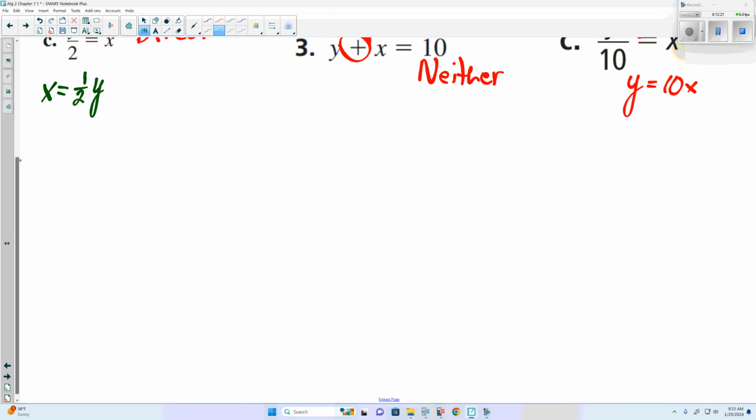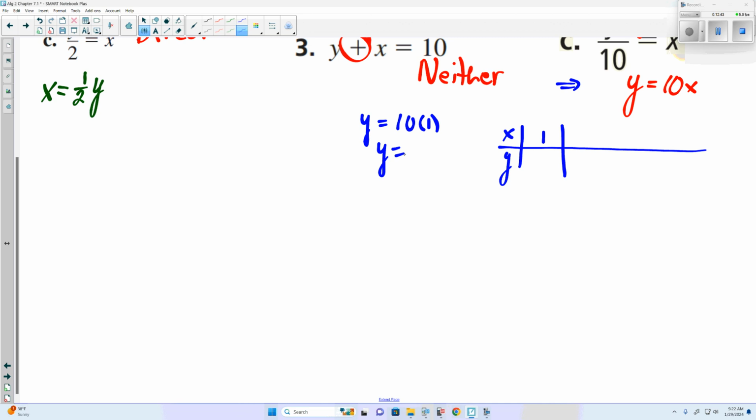I don't like the 1/2. I'm going to use this one over here. And it's not that it's so bad, we get some weird numbers, but y equals 10x we said was direct variation, yes? So, x. Well, when x is 1, y is equal to 10 times 1, so y is 10, yes?